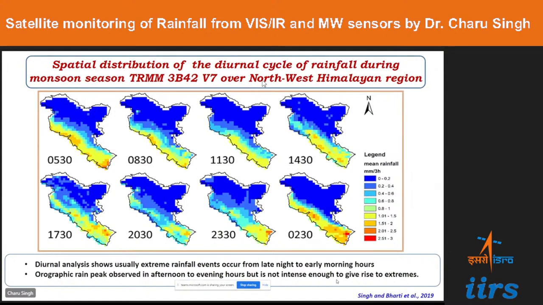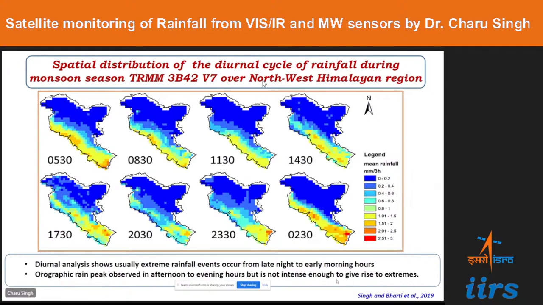And if we use the AWS, the automatic weather station data sets, these are available at a very high temporal resolution, but there is scarce coverage of AWS over the northwestern Himalayan region. Rain gauges also have very low density over the NWH region. Therefore, if you want to analyze the diurnal variability of rainfall over such complex mountainous terrain, we may opt for the satellite-based data set.